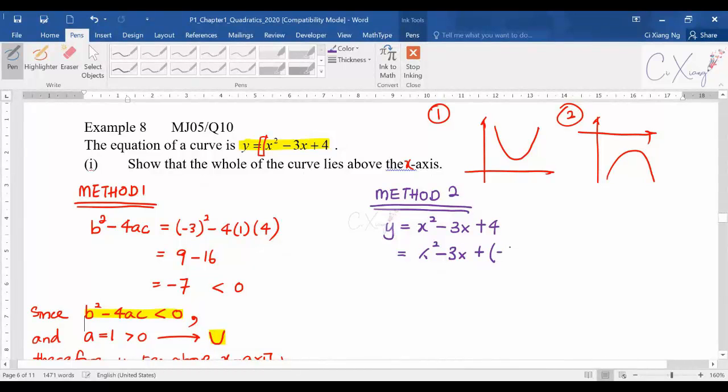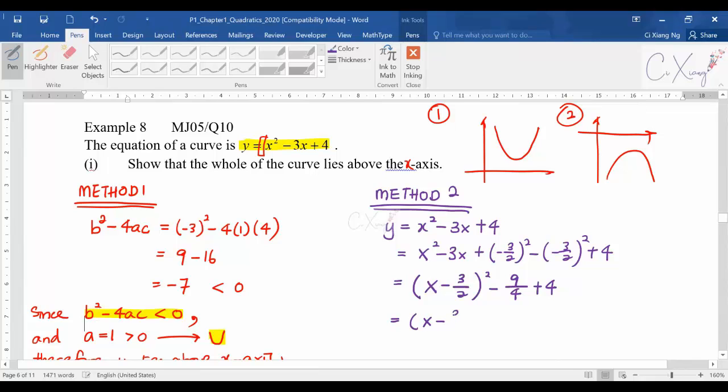Okay, so what we have is (x minus 3 over 2) squared minus (negative 3 over 2) squared plus 4. So if I look at this, I will have (x minus 3 over 2) squared, then minus 9 over 4 plus 4.